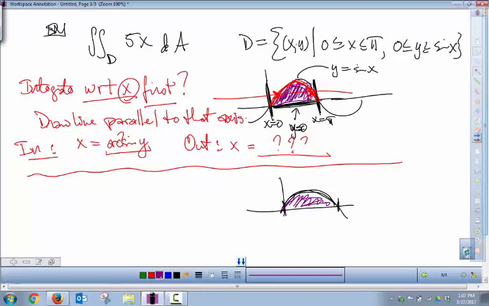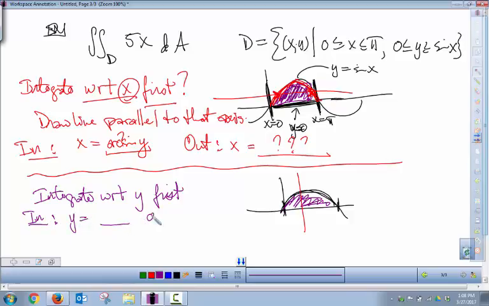And this time, if we're going to integrate with respect to y first, you're going to draw a line parallel to the y-axis, and after you draw a line parallel to the y-axis, you're going to ask yourself, you're going to go into the region when y is equal to something, and then out of the region when y is equal to something else.